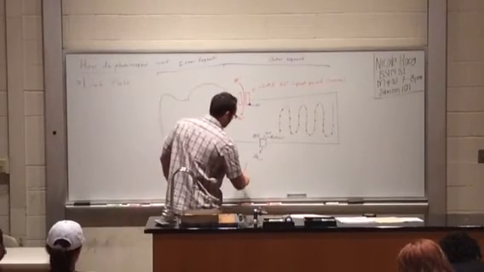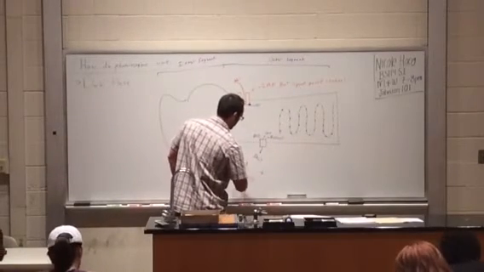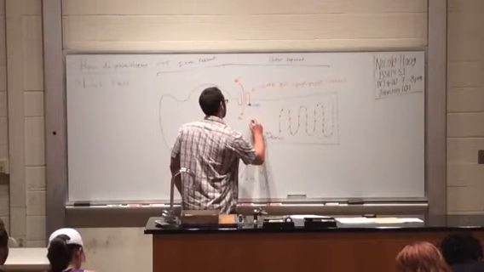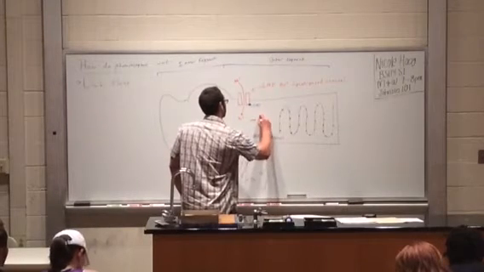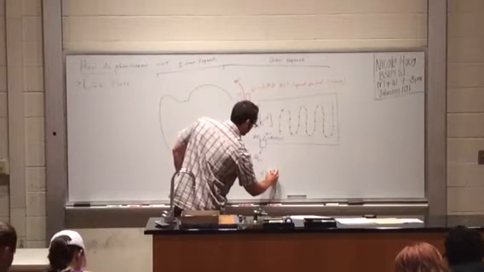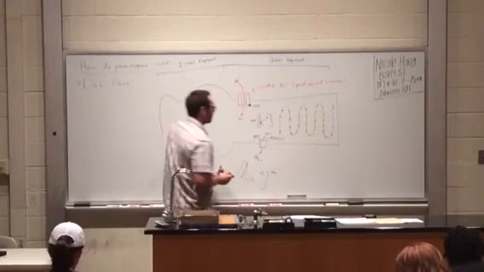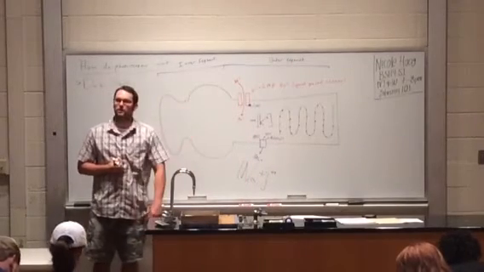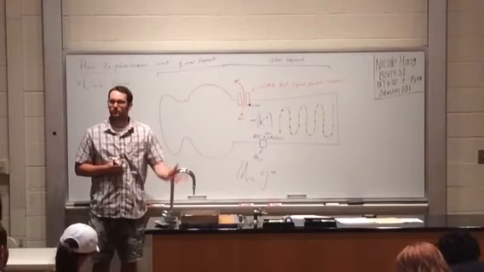So we always have a very high concentration of sodium outside and a very low concentration of sodium inside, and a very high concentration of potassium inside and a very low concentration of potassium outside. So when cyclic GMP is bound to this channel, it's going to cause sodium to come into the cell. Very simple.